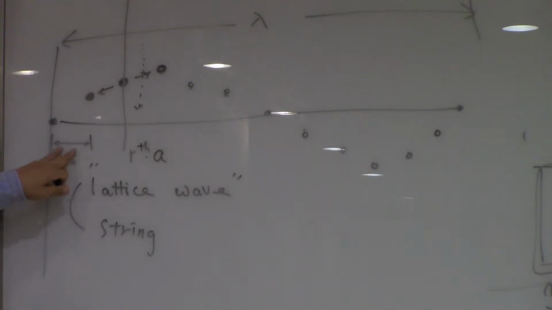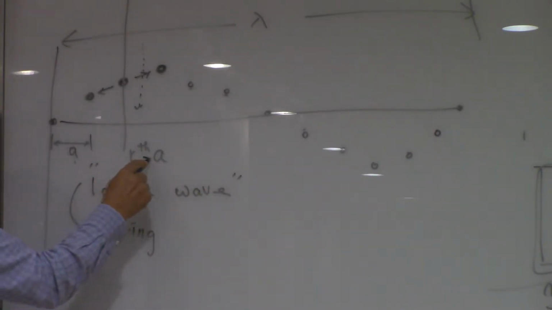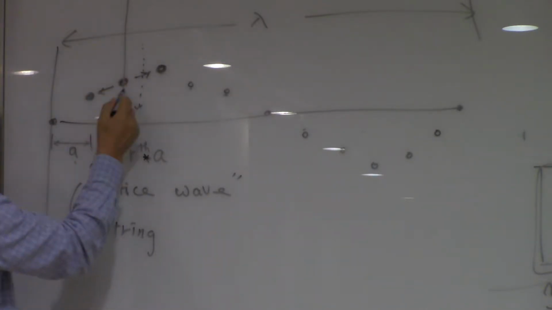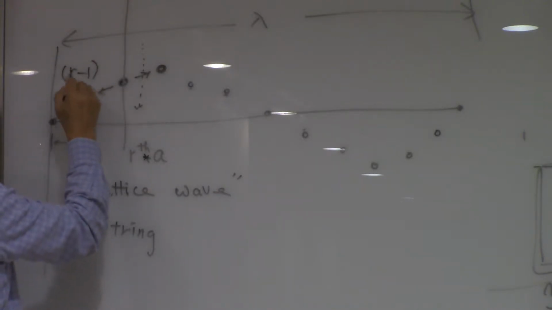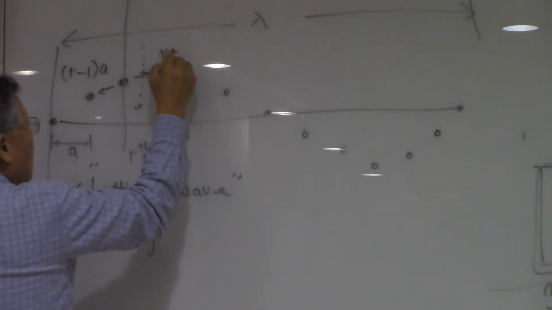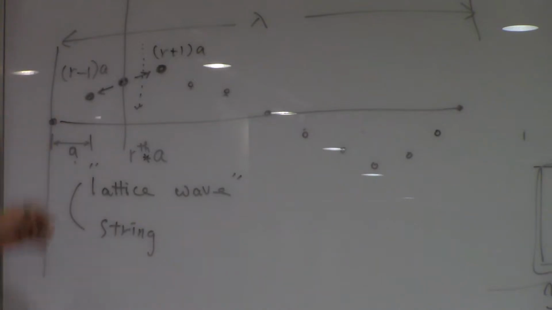So this is actually the a. So the r-th atom from some reference, on the x-axis the distance is going to be r times a, simply like that. And then one atom before that is r minus 1 times a, and the distance is r plus 1 times a for the atom next to the reference.